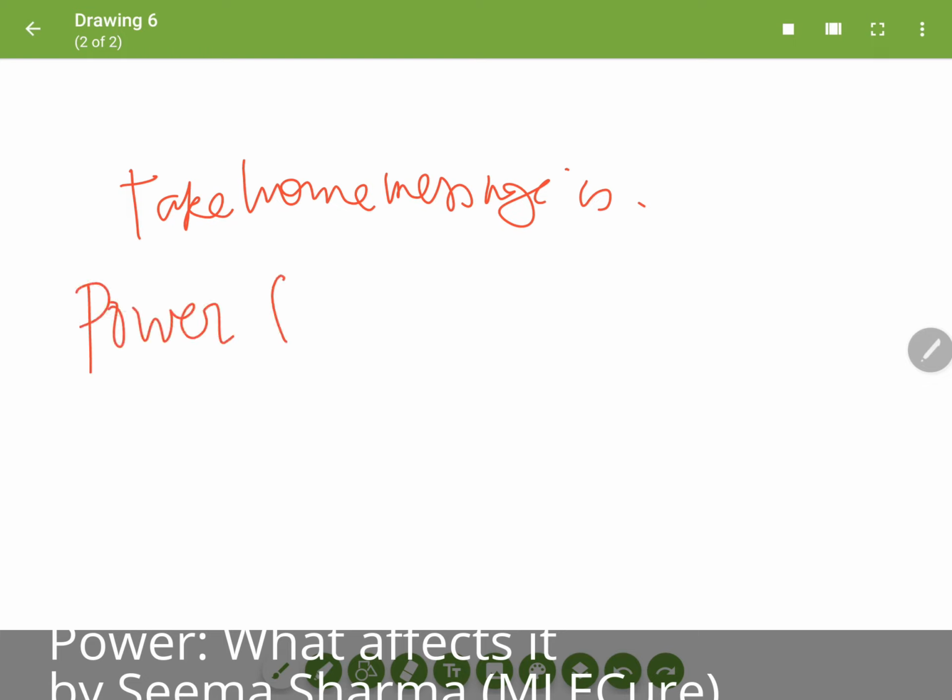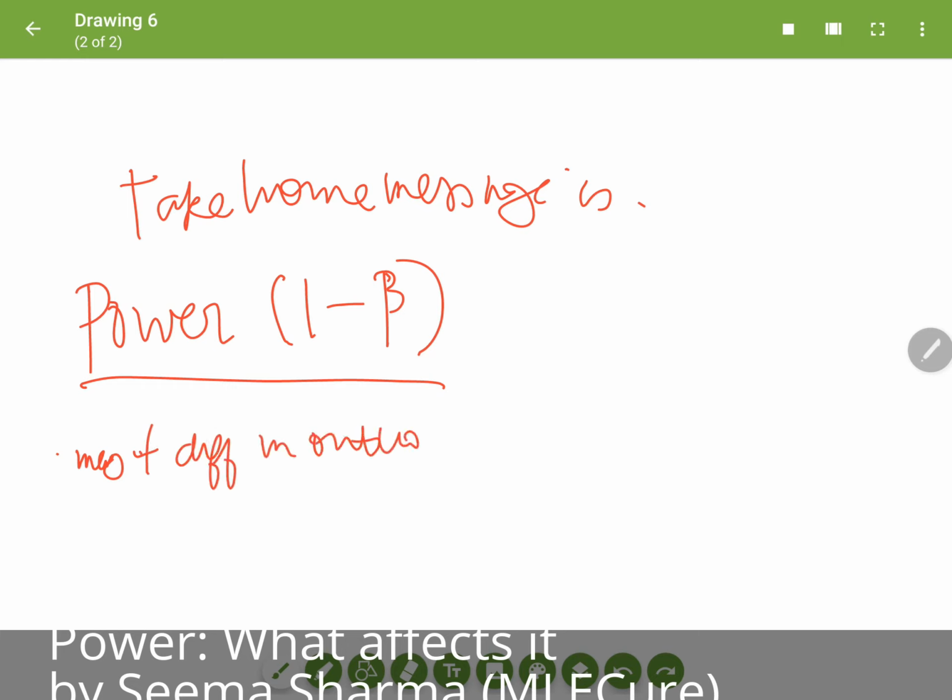The take-home message is: power is defined by this, and the factors affecting it are the magnitude of difference in outcome that's measurable, and sample size and alpha. And you've reached the end of my lecture.